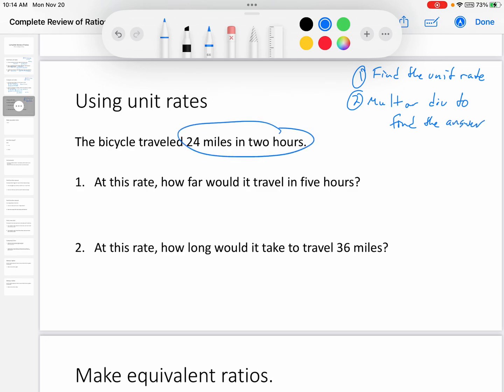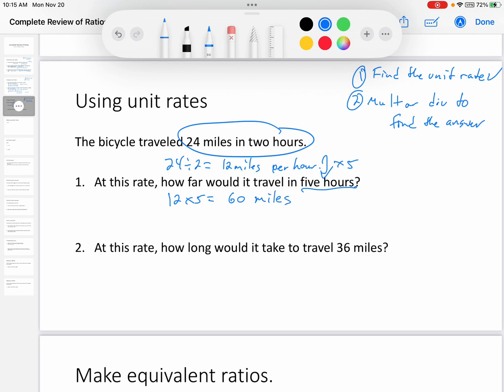First, 24 miles in 2 hours. 24 divided by 2 is 12 miles per hour. That's our unit rate. We've done the first step. Step 2, multiply or divide to find the answer. So at this rate, how far would it travel in 5 hours? This is 1 hour. To go from 1 to 5, we multiply by 5. 12 times 5 is 60 miles.